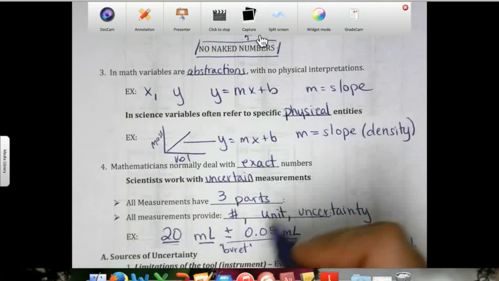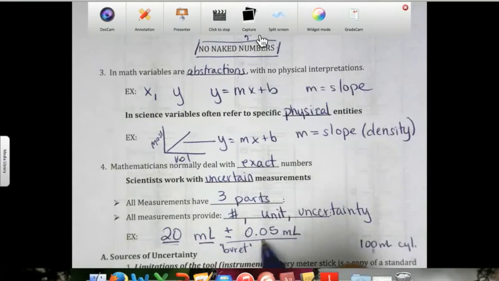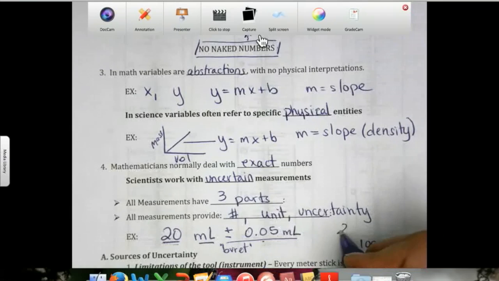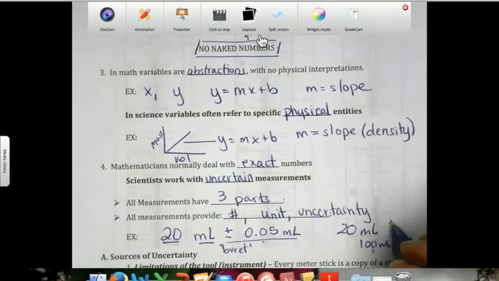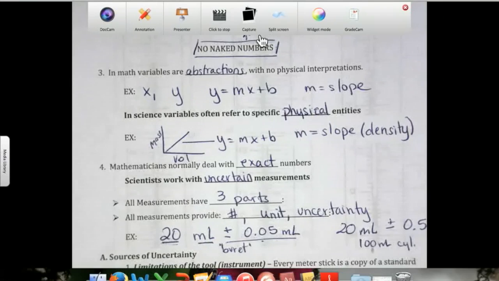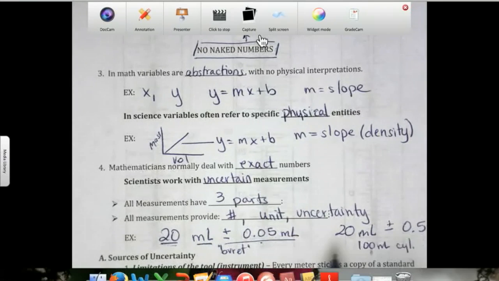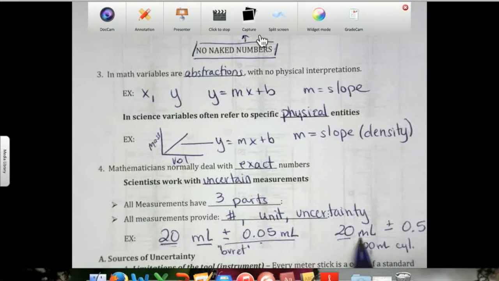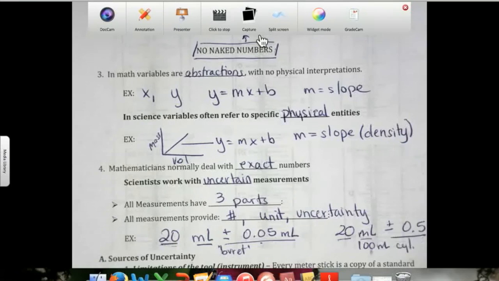Instead of having this 0.05 degree of uncertainty, well, this is a little bit bigger, it's a little less certain, so we're probably only going to be able to know this number as good as the half milliliter. So as you can see, even though our unit stays the same, our uncertainty is a little bit greater. We're not as sure about this number as we were here.